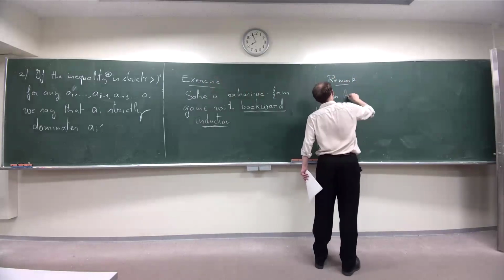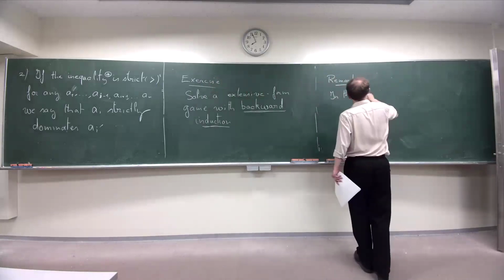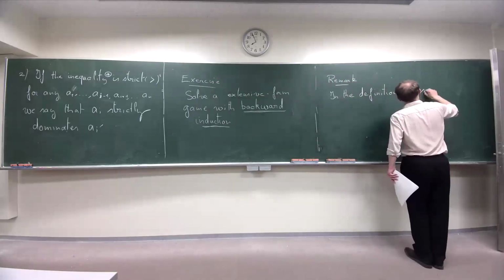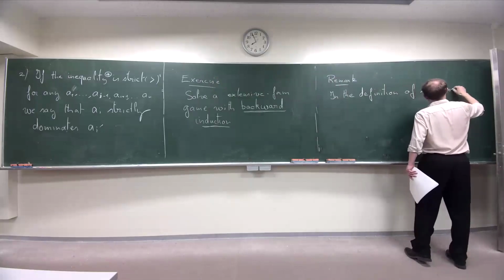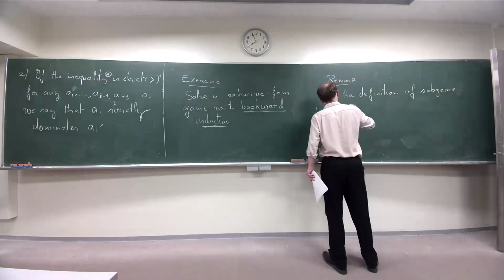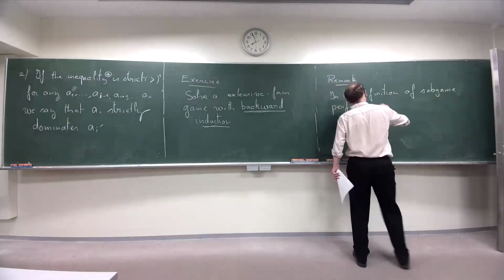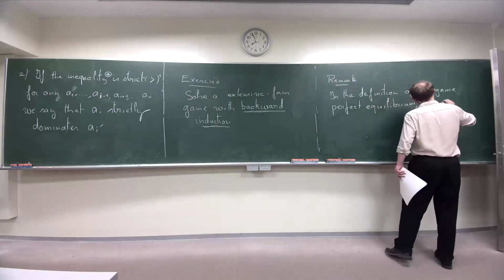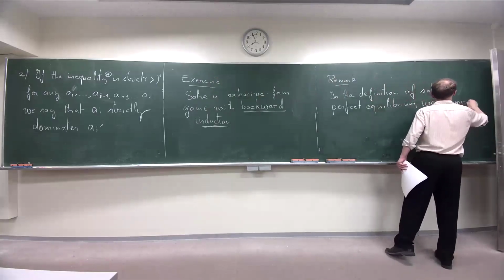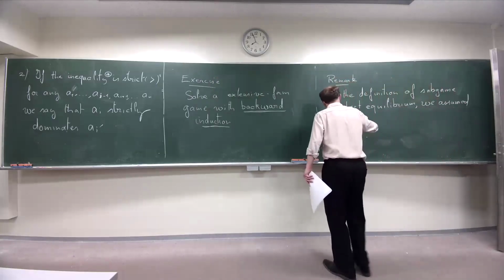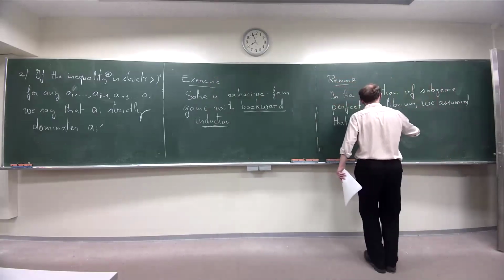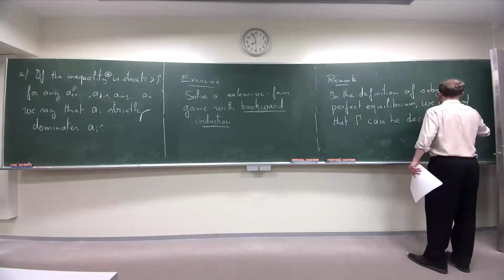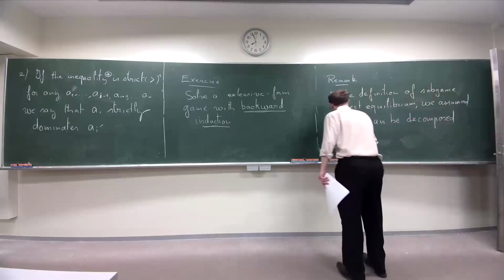In the definition of subgame perfect equilibrium, we assumed that gamma can be decomposed, at least in some subgames.